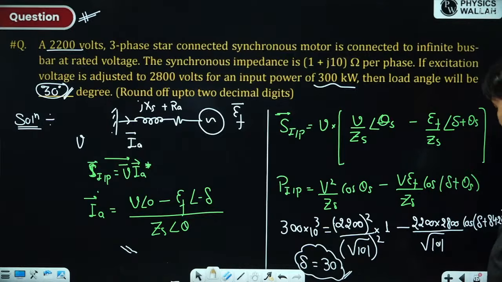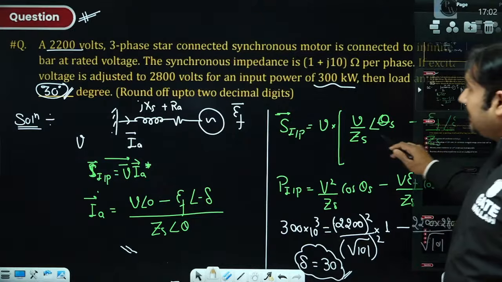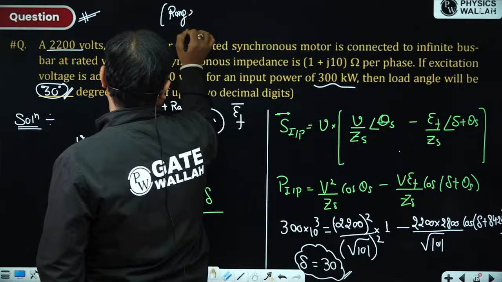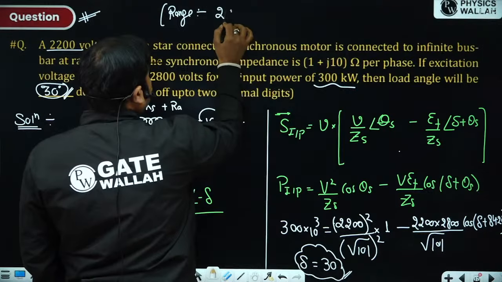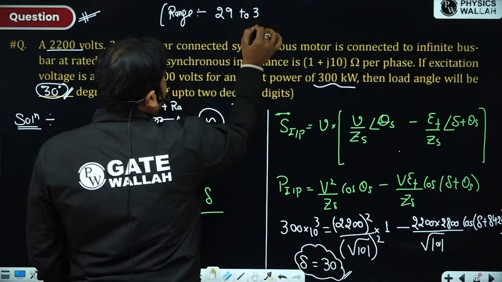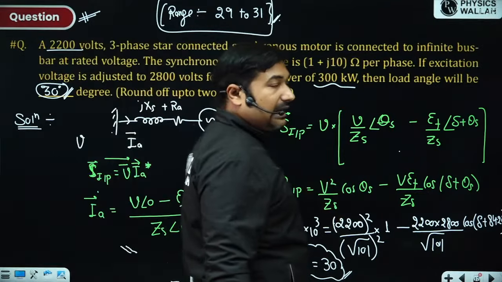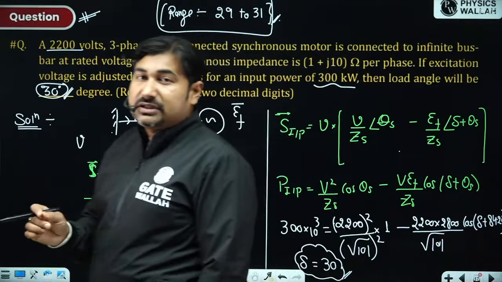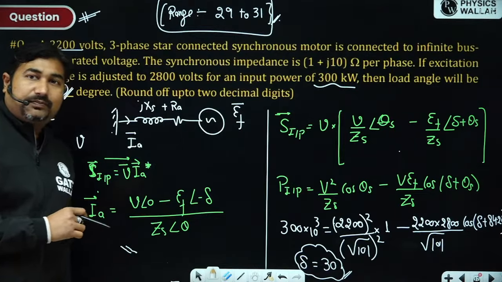The range for that kind of question is nearly 29 to 31, and the reason behind this is approximation. Is it okay? Yes. Let's talk about another question.